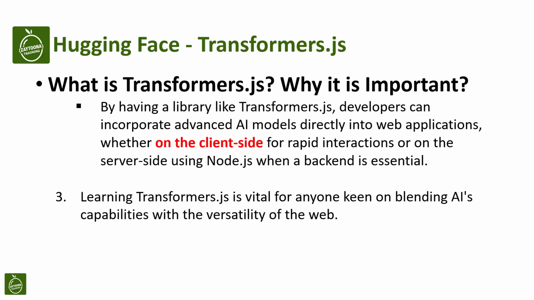By having a library like Transformers.js, developers can incorporate advanced AI models directly into web applications, whether on the client side for rapid interactions or on the server side using Node.js when a backend is essential. Learning Transformers.js is vital for anyone keen on blending AI's capabilities with the versatility of the web.